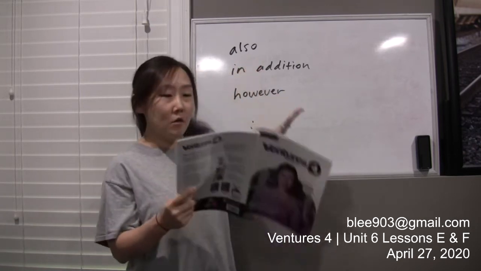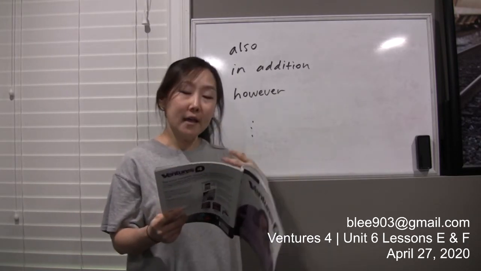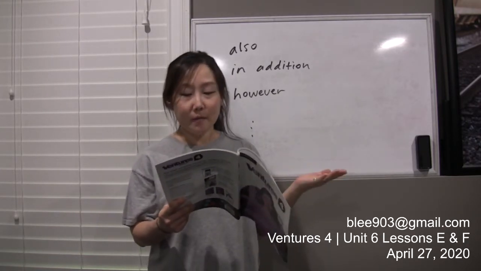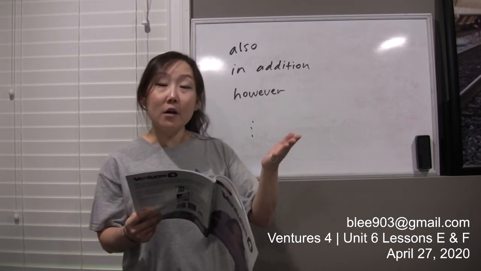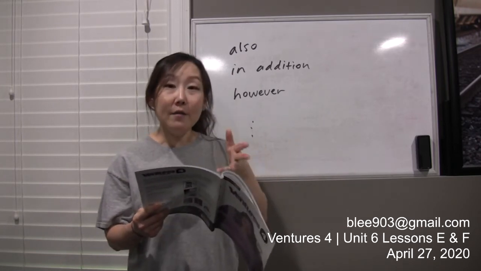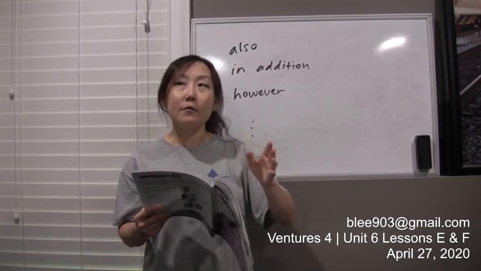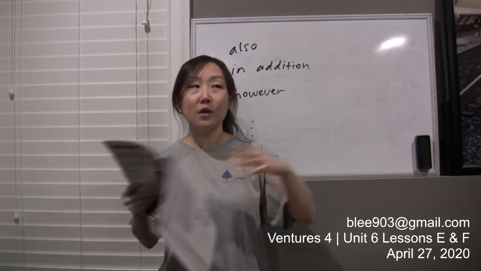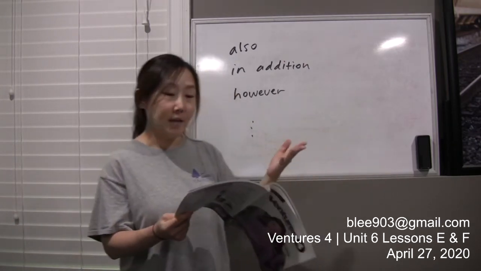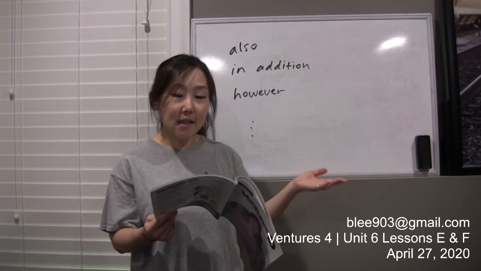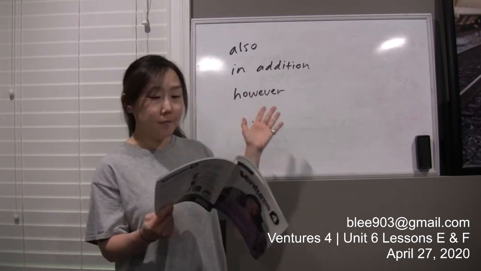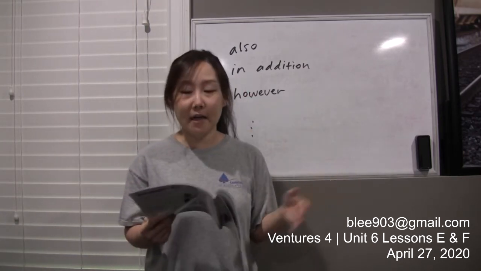You can also write text messages quickly and easily, or easily and quickly. But then you can also include however when you are going from an advantage to a disadvantage. For example, you can write text messages easily and quickly. However, they cost a lot of money.